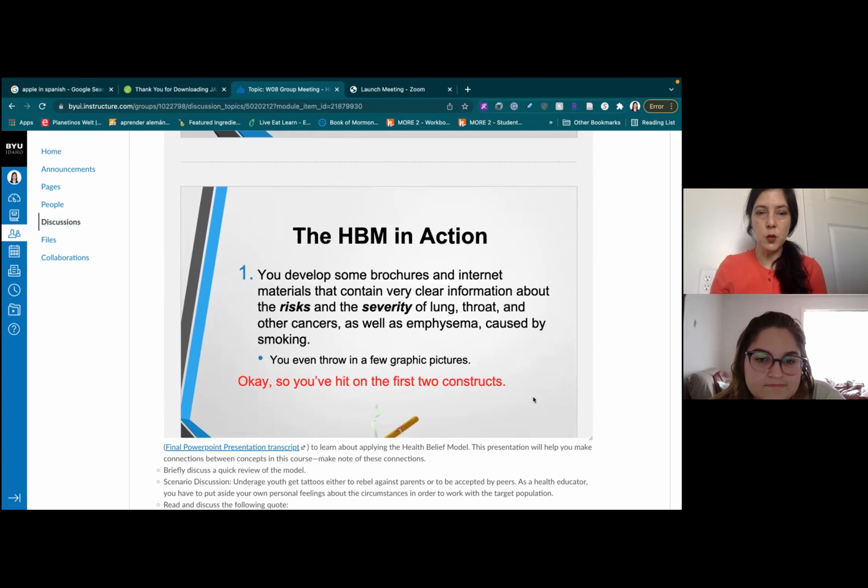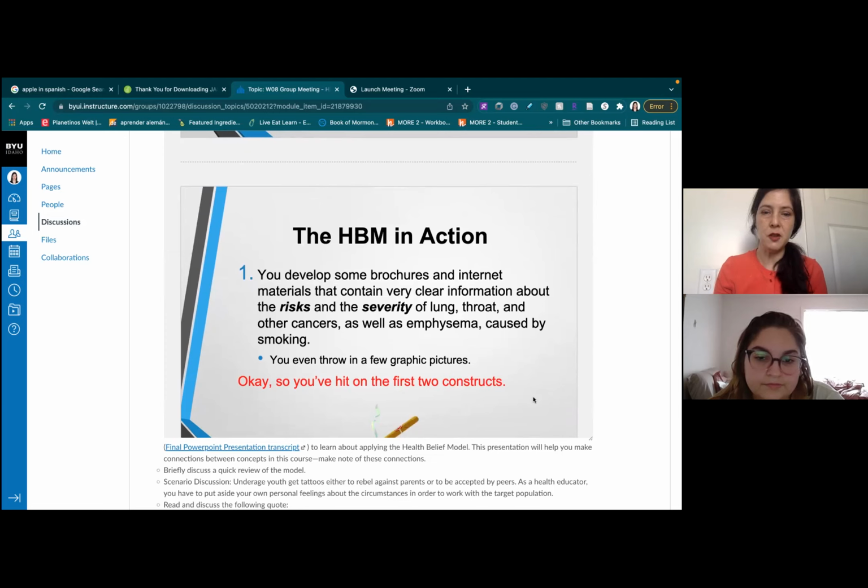So the first one would be you develop some brochures and internet materials that contain very clear information about the risks and the severity of lung, throat, and other cancers, as well as emphysema caused by smoking. You even throw in a few graphic pictures.